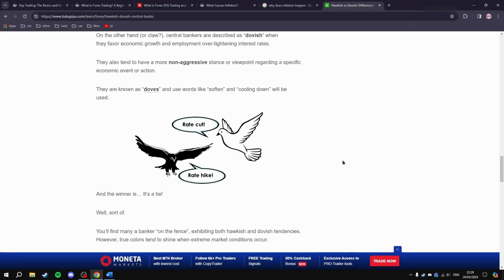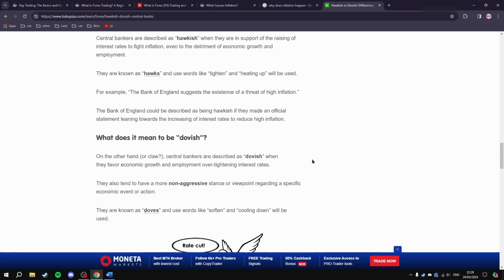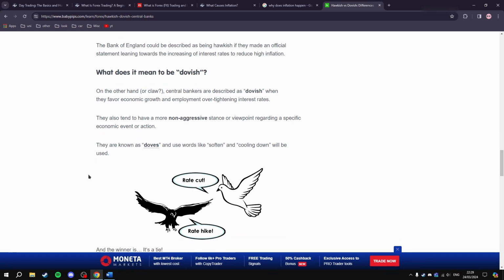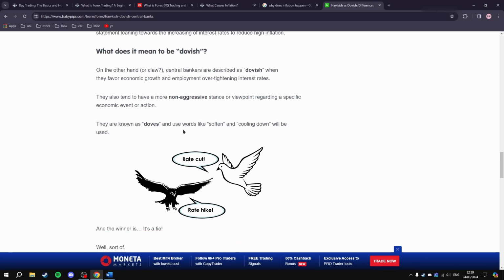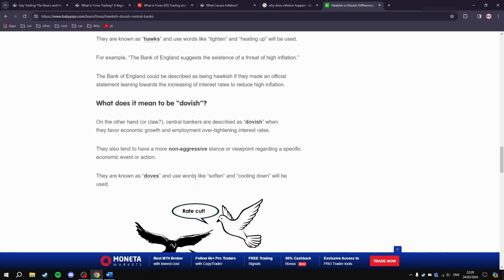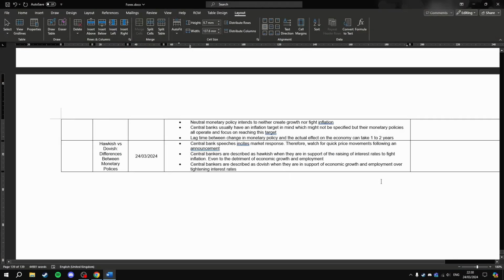Tightening interest rates, that means increasing interest rates, right? They also tend to have a more non-aggressive stance or viewpoint regarding a specific economic event or action. They are known as doves and use words like "soften" and "cooling down." So, they favor economic growth and employment over tightened interest rates.